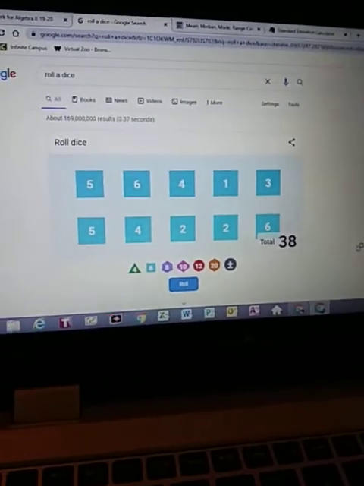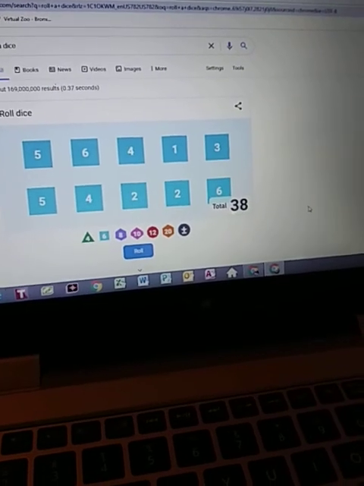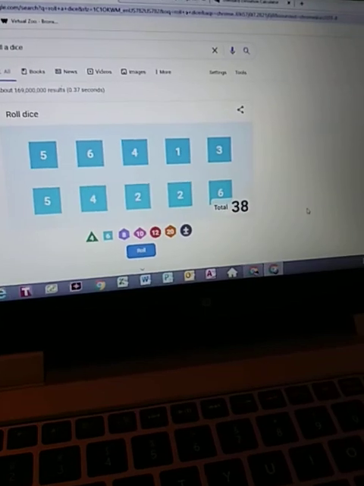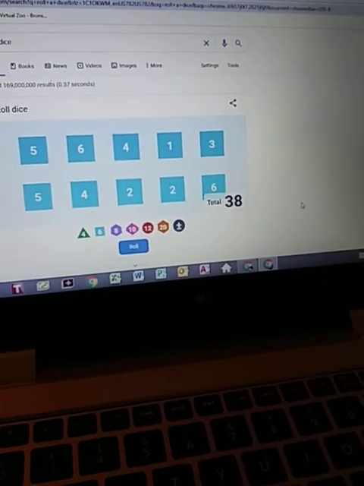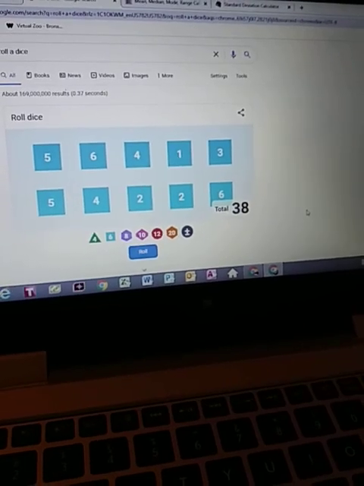So I rolled, let's see, a 5, a 6, a 4, a 1, a 3, a 5, a 4, a 2, and a 2, and a 6.